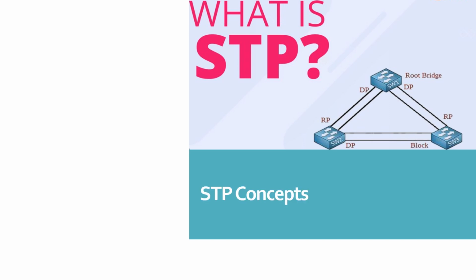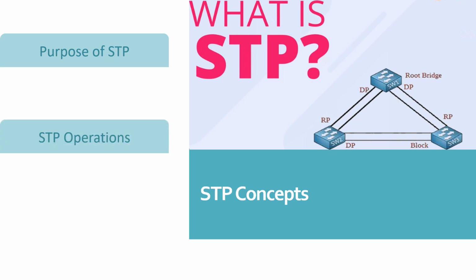And we will see the common problems in a redundant layer 2 switch network. We will explain how Spanning Tree Protocol operates in a simple switched network, and then we will even see the evolution of this protocol.